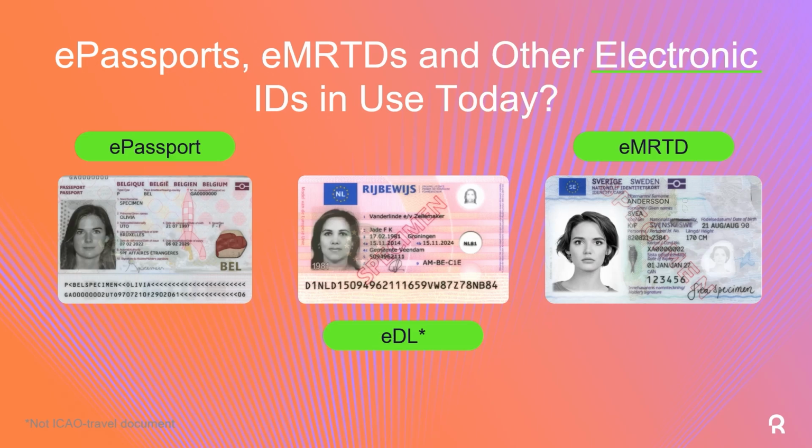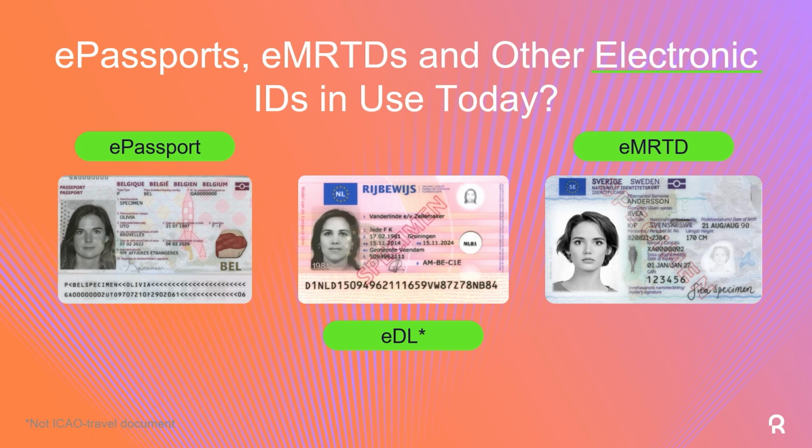When we talk about electronic identity documents in aviation, we typically refer to three categories. First, ePassport, which is the standard ICAO-compliant travel document defined in Doc 9303. It contains a chip storing personal and biometric data and is used locally for border control. Then the electronic national ID cards, EIDs. If used for international travel, they must be ICAO-compliant eMRTDs. This means they follow the same standard as ePassport and are accepted when the receiving state allows it.